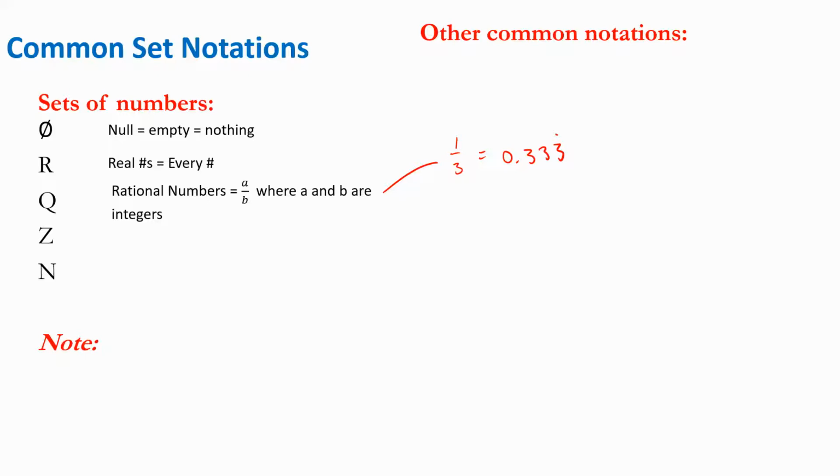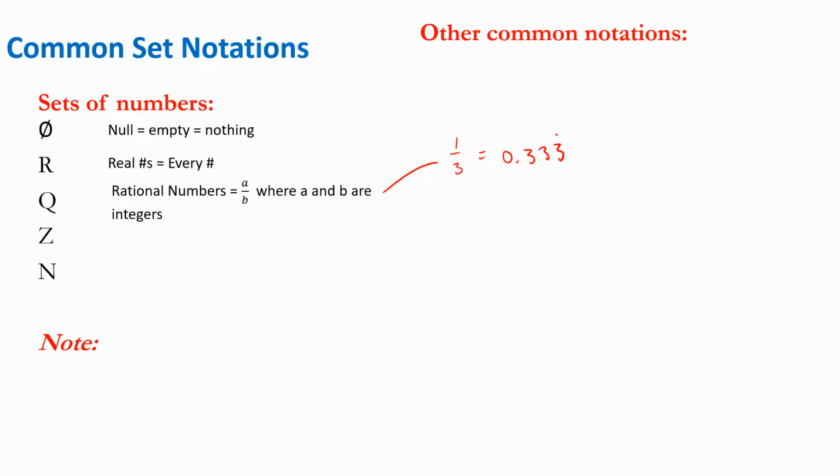Okay, so if a number is a whole number and it's positive or negative, then it is an integer. So what is this really trying to say? How do you know if something's rational? By definition, if you can change it into a fraction where the numerator is a whole number, positive or negative, doesn't matter, and the denominator is a whole number, positive or negative, doesn't matter. As long as these two are integers, and you can express it as a fraction, that is a rational number.